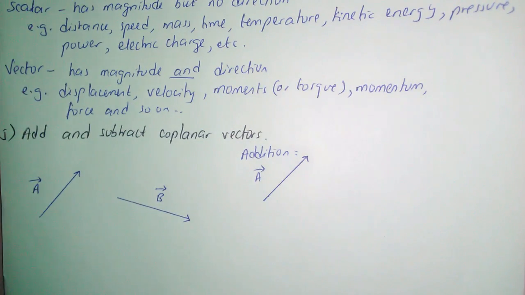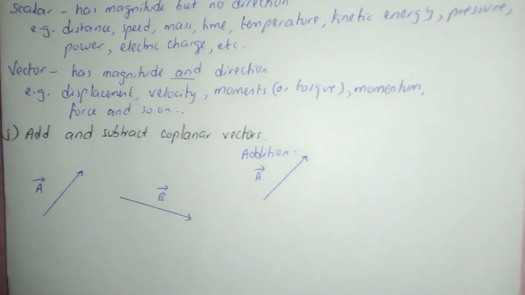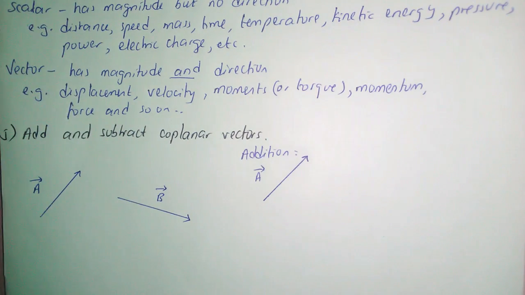When adding the vectors, it is important that the vector begins with the tail and the direction is shown by the way the arrow is pointing, and the other vector, it is the tail of that vector which joins the head of the first vector, as I'm going to show here.